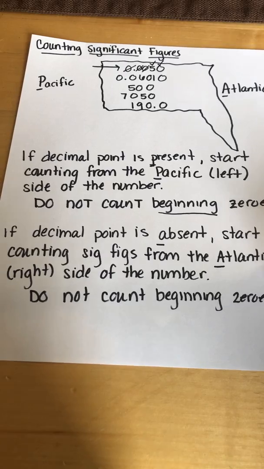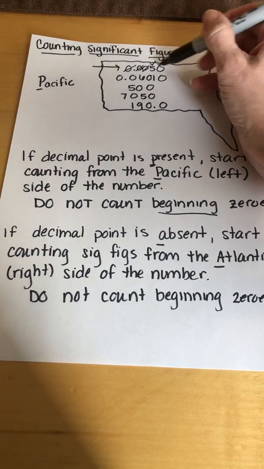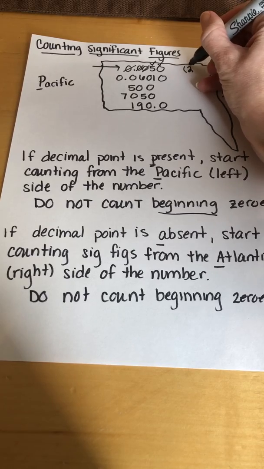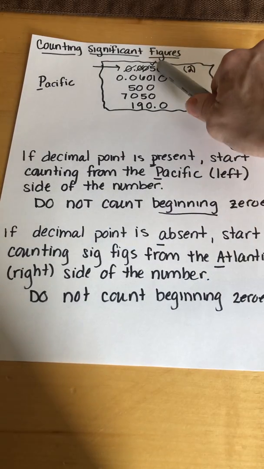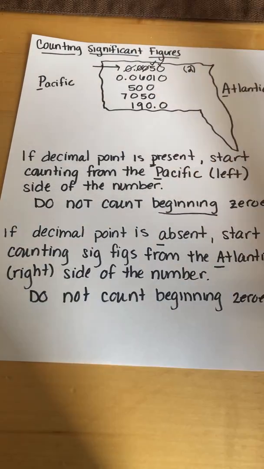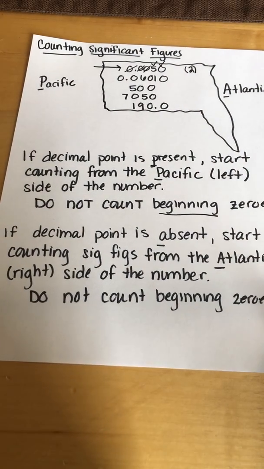It doesn't matter what the number is. As soon as you hit a non-zero, you count everything else. So that's why this first number will have 2 sig figs. Even though there's a 0, that 0 is not a beginning 0. Beginning zeros are the only ones that I do not count. Any other trailing zero, at the end or in the middle, all of those do get counted.